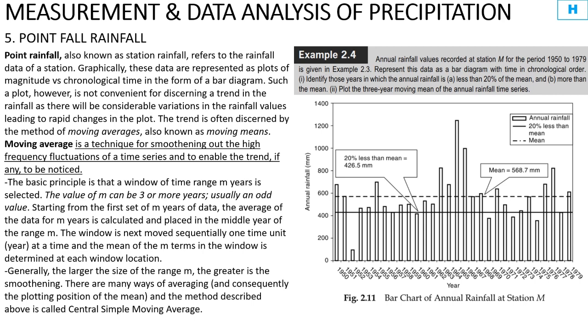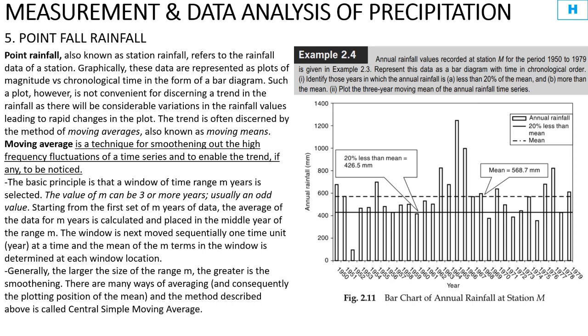So we have this data, a rainfall record for station M for a period of 1950 to 1979. This is the example given sa 2.3, yung kanina lang. So pinapakuha ng problem yung years, identify those years in which the annual rainfall is less than 20% of the mean and yung more than the mean.